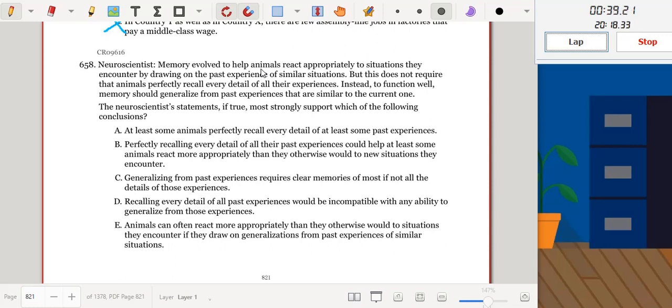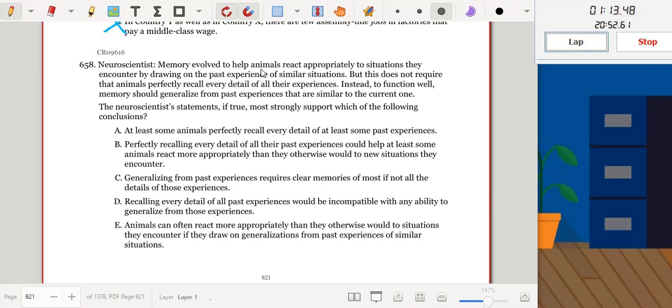A: At least some animals prefer to recall every detail of at least some past experiences. Okay, this can be. B: Perfectly recalling every detail of all their past experiences could help at least some animals react more appropriately than they otherwise would to new situations they encounter.